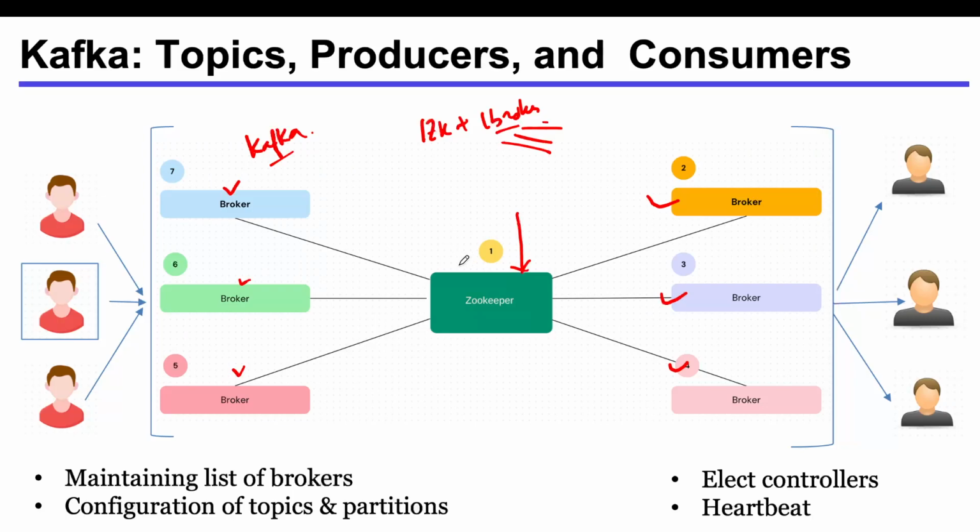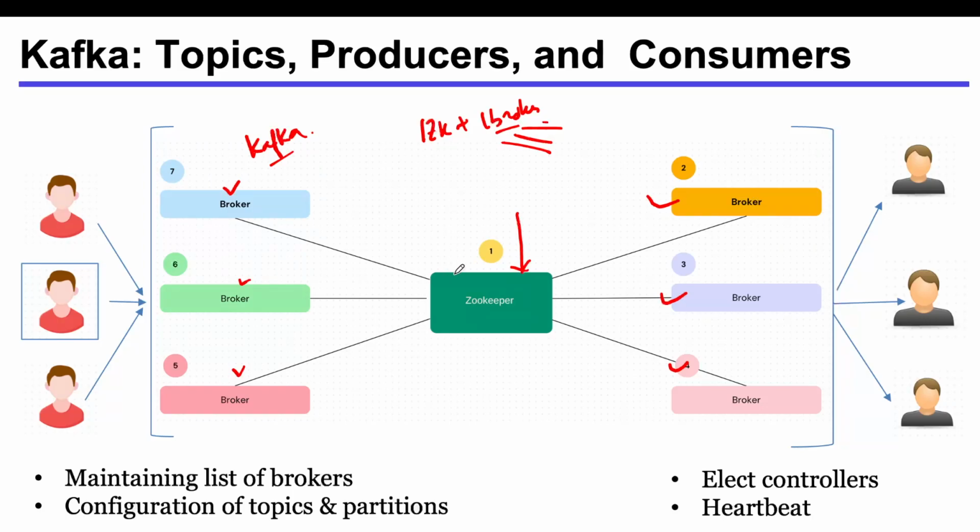In this example, we have one zookeeper and multiple brokers. In a production environment, it's recommended to install multiple zookeepers again. We are going to have a separate module on zookeeper.